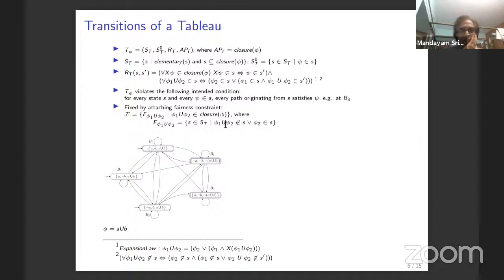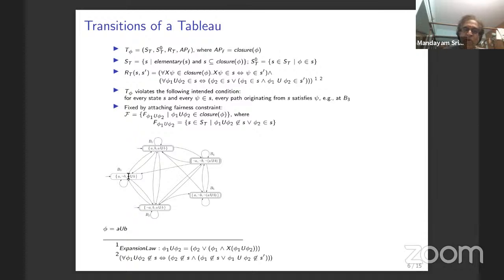Precisely for the reason that, see, the transition constraint, the expansion law, ensures that there is a transition from this state, in which phi is potentially true, it has not become true yet.